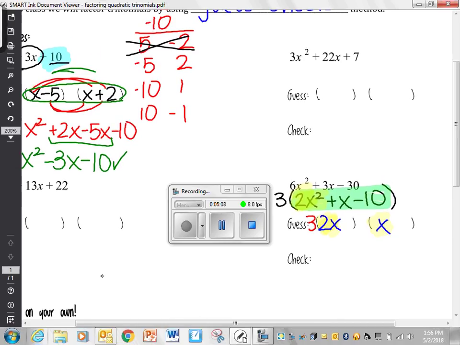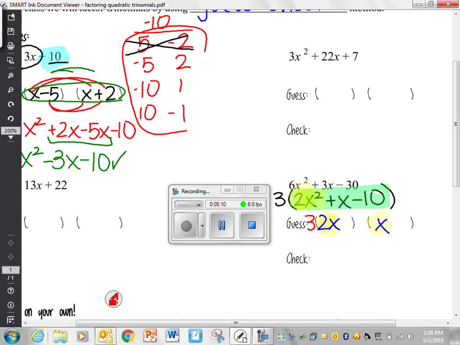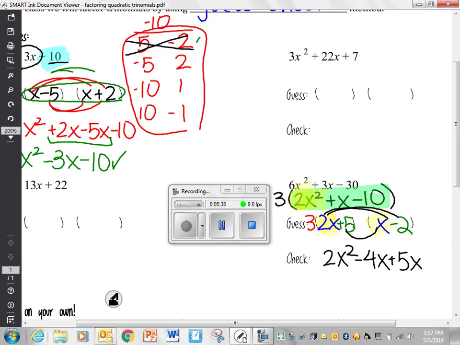So if you want, we could reference our list that we used earlier and start plugging these numbers in. So I can try my plus 5 and my minus 2, this one that I X'd out originally, and see if that works. I'm going to check it. Double distribute. I'm not going to include the GCF when I double distribute. So I have 2x squared minus 4x plus 5x minus 2. Combine my terms, so I have 2x squared plus x minus 2.